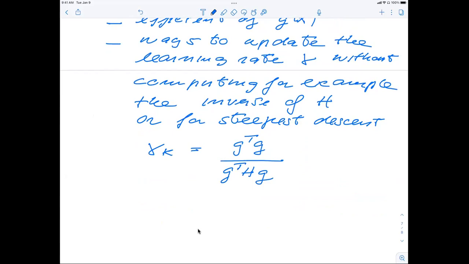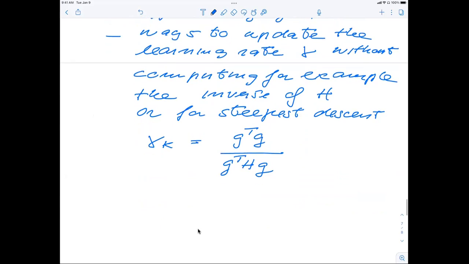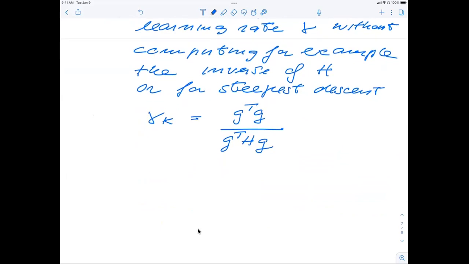This is what you would have to calculate if you were to use the standard steepest descent method, which is one of the simplest possible methods we can deal with. Now, one of the ways to circumvent this is something called gradient descent with momentum.